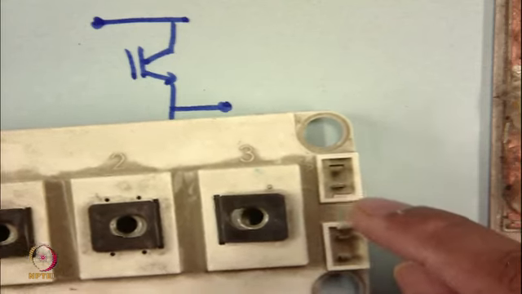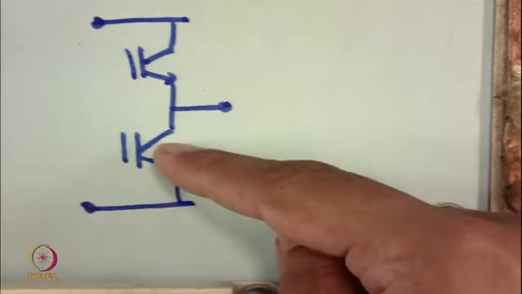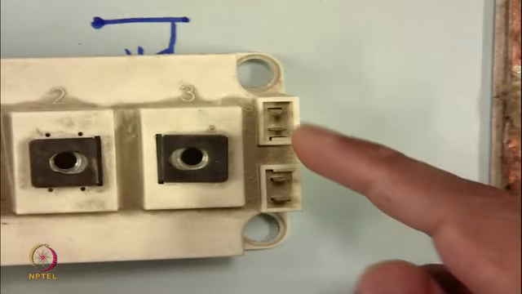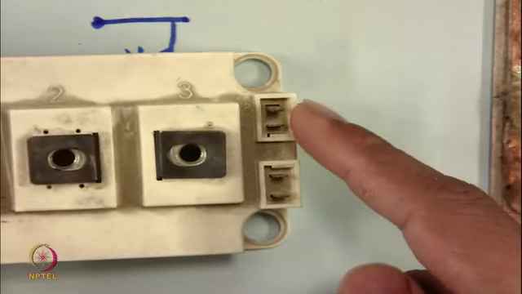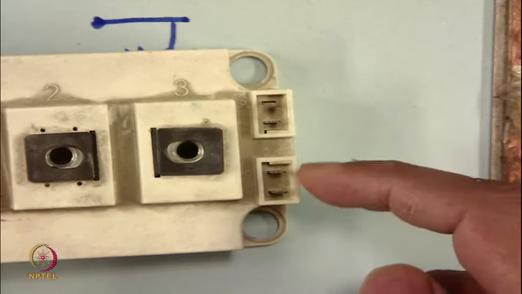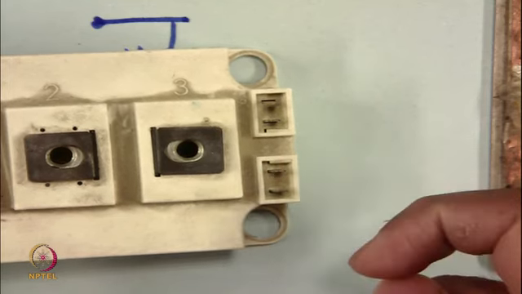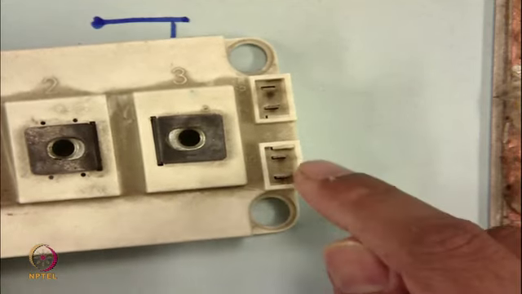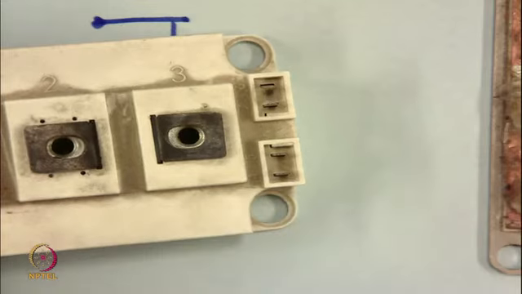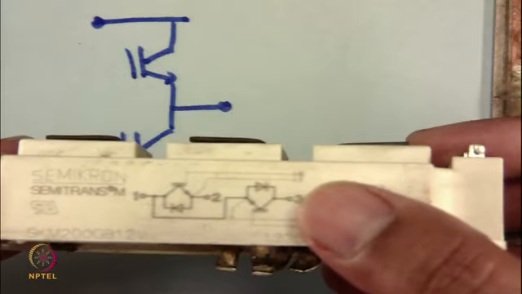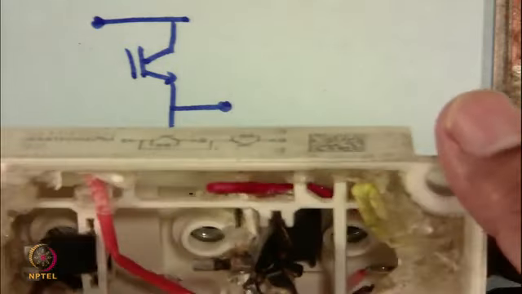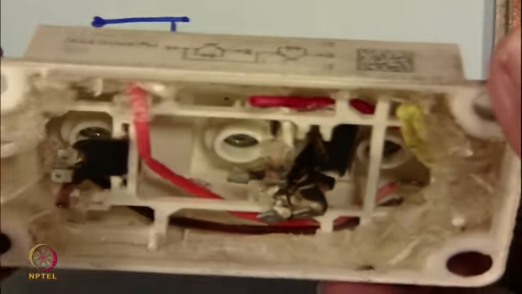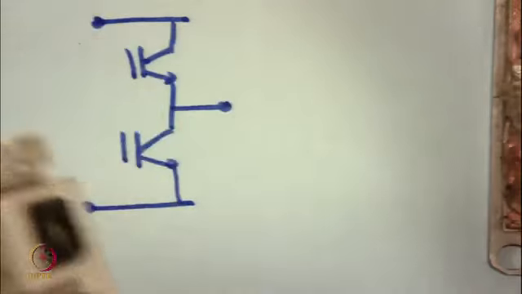Since there are 2 devices, as we can see here, this is the gate-emitter terminal for device 1 and device 2. So, the gate signals will come to these terminals here. This is a plastic case, and this plastic case electrically isolates the electrical part from the rest of the environment.